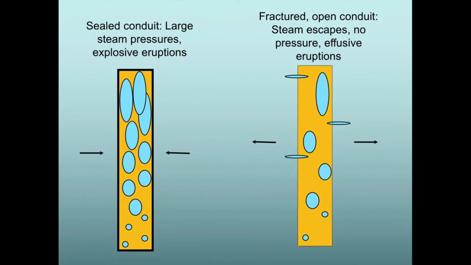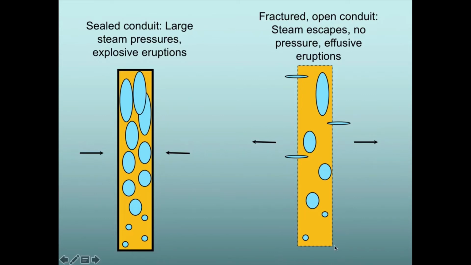So it really needs to expand because pressure is being released. So instead what happens is you generate big steam pressures that can break the rock up at the top of the volcano. And when you break that rock, then all of the magma comes rushing out in fragments as the pressure is released and you generate a big violent explosive eruption.